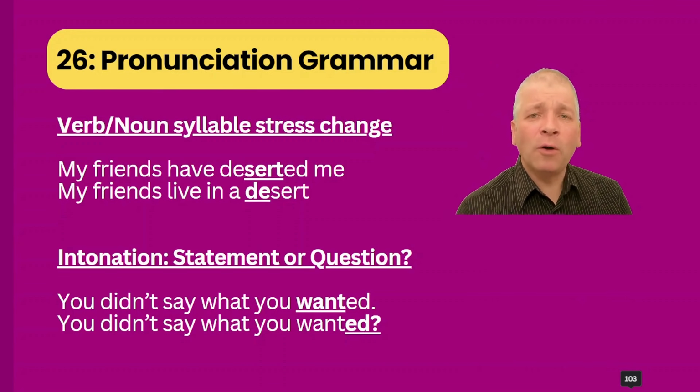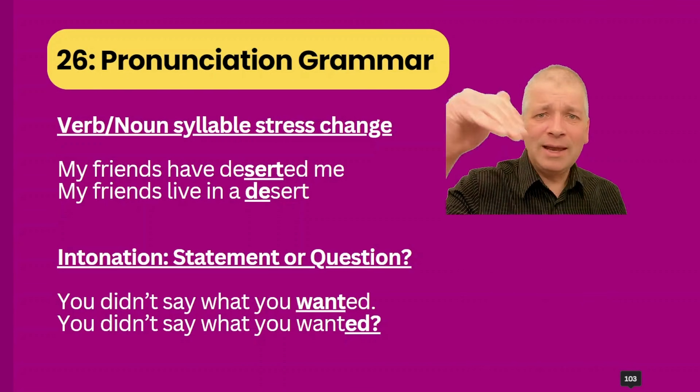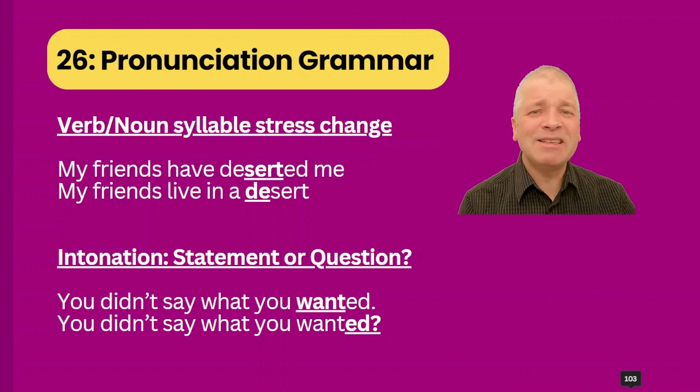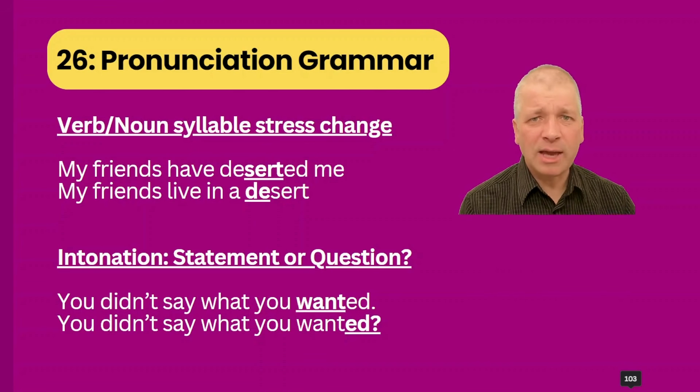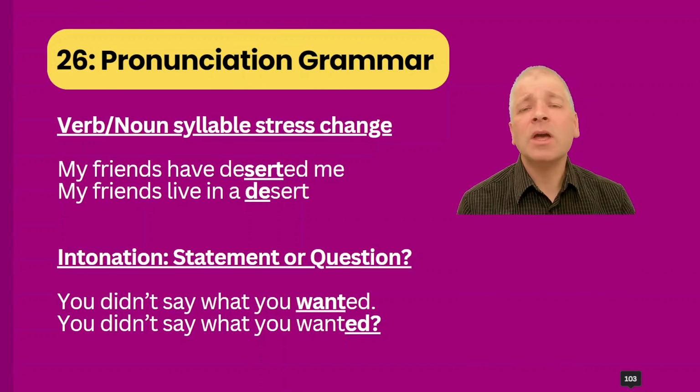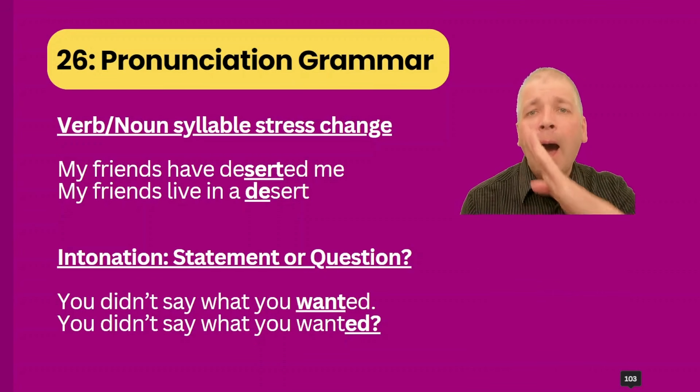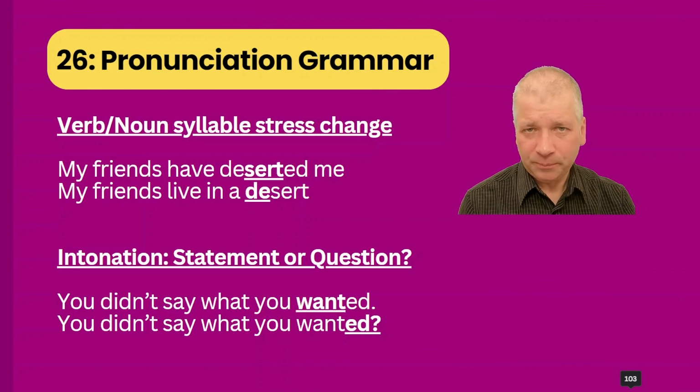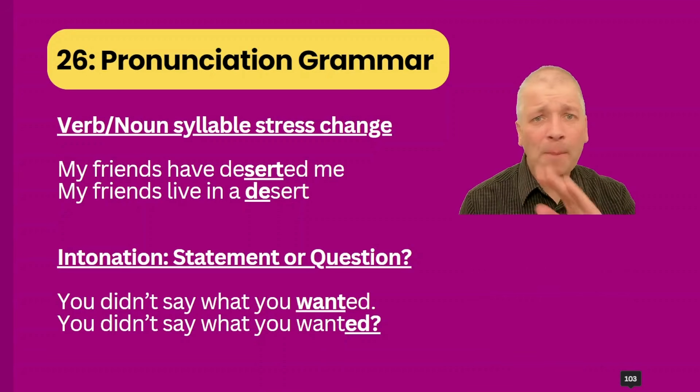And that drop on the final syllable indicates that it's a statement. Listen to the second one. You didn't say what you wanted. You didn't say what you wanted. The intonation goes up on the final syllable. And when the intonation goes up on the final syllable, it's indicating a form of question to the listener.